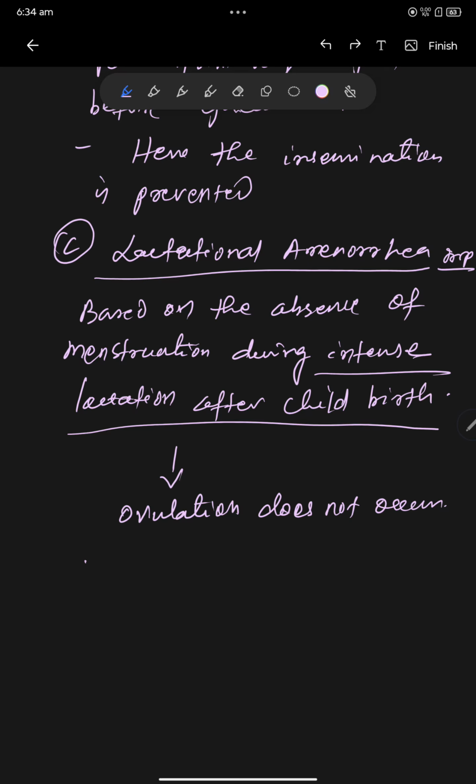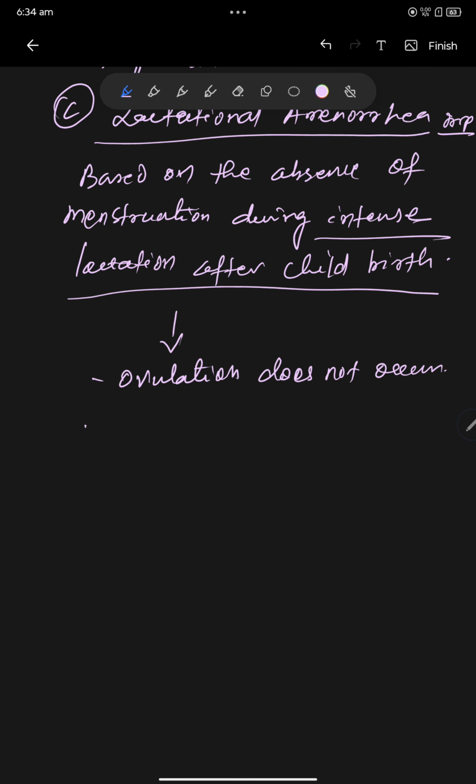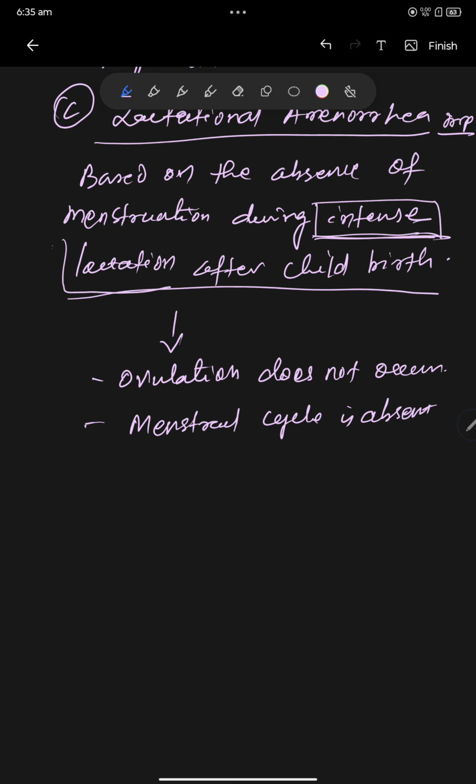Then next point, the menstrual cycle is absent. Remember children, this is during intense lactation only, not throughout the lactational period. If the mother is lactating for 1 year, it will not be considered a period of contraception, because the chance of failure is also there.